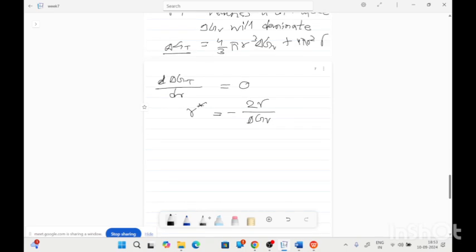If we put this value in the total free energy term, it gives the critical free energy required for nucleation of the solid nuclei, that is 16 pi by 3 gamma square by delta GV square.